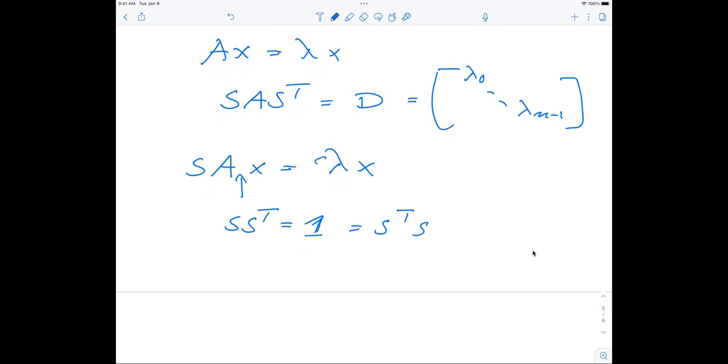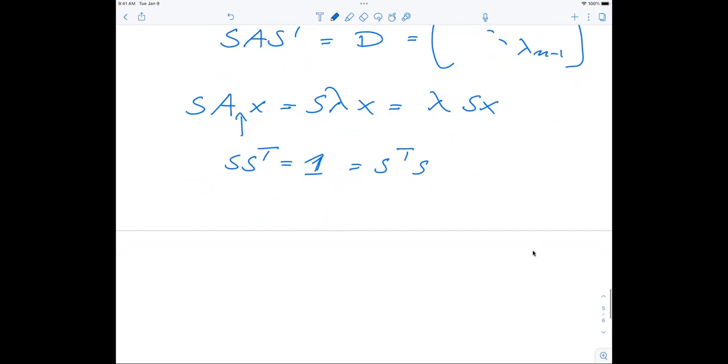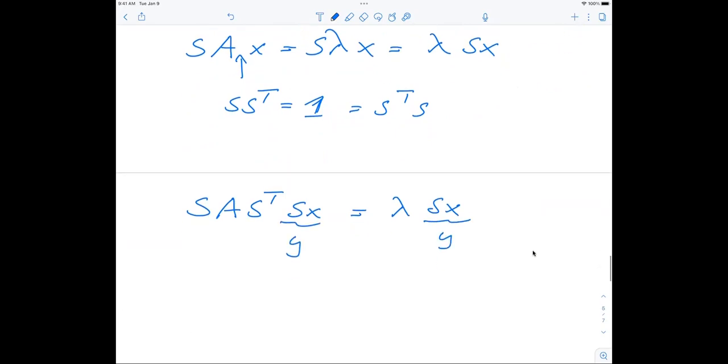So here I should have S, and lambda is just a constant, times S times X. If I insert the identity, I have S transpose times S of X equal lambda times S of X. This is a new eigenvector, Y, and this is a new matrix, B. So I have B times Y equal lambda times Y. The eigenvalues stay the same, but what changes are the eigenvectors.